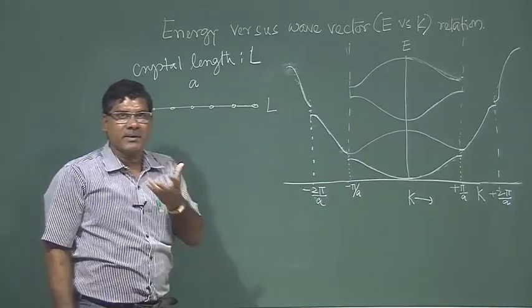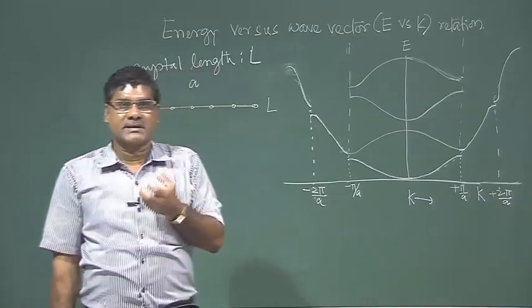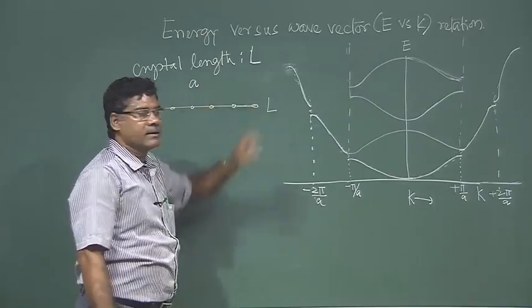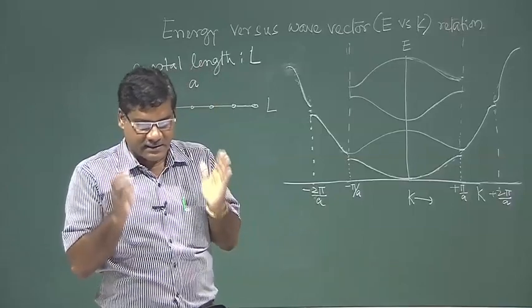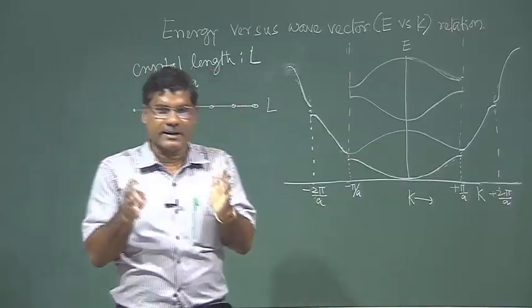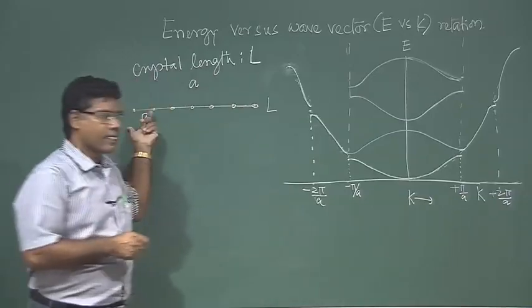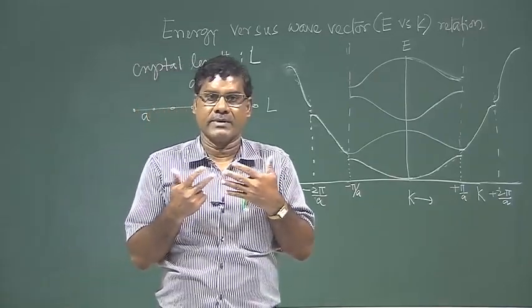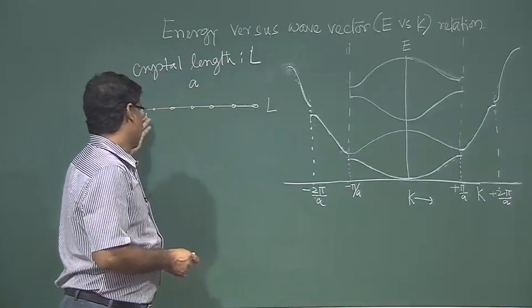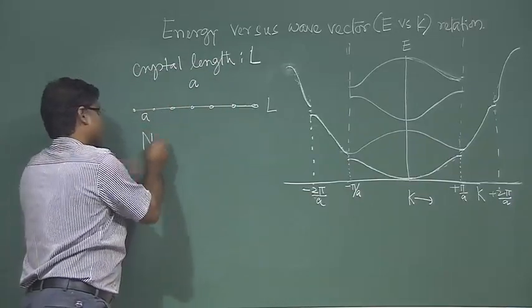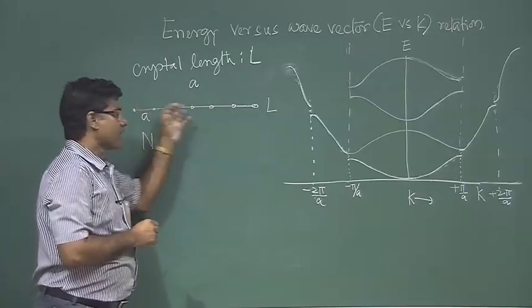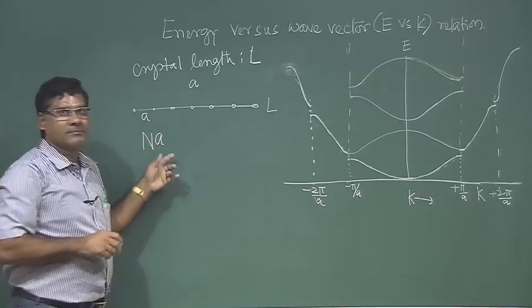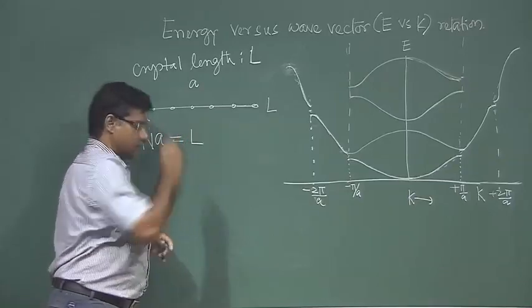And if we consider the primitive unit cell, one lattice point per unit cell, one can find out how many unit cells are there in the one-dimensional crystal of length L if the lattice constant is a. So, n lattice points means n unit cells we have considered. In that case n times a will be equal to this length L, right.